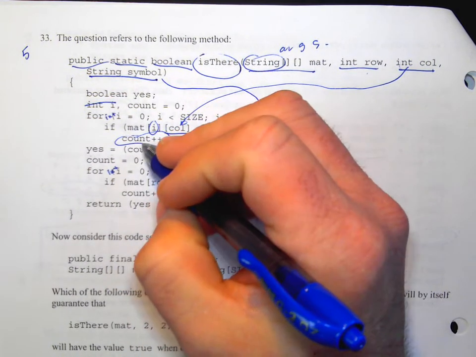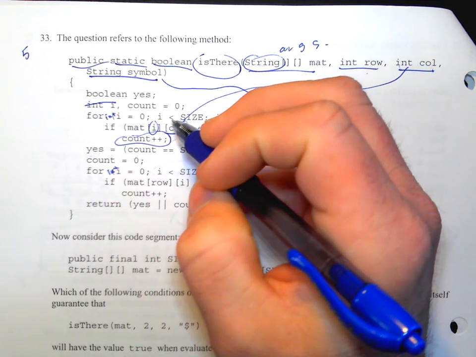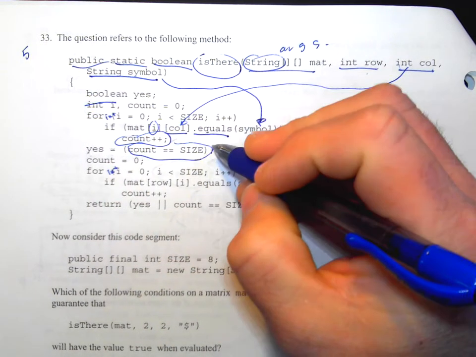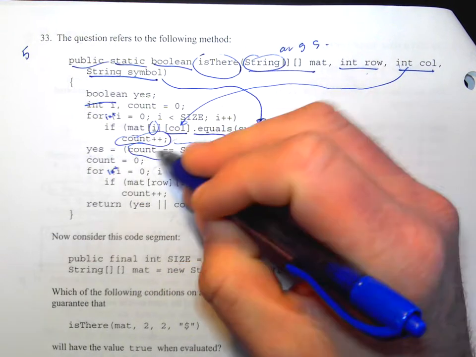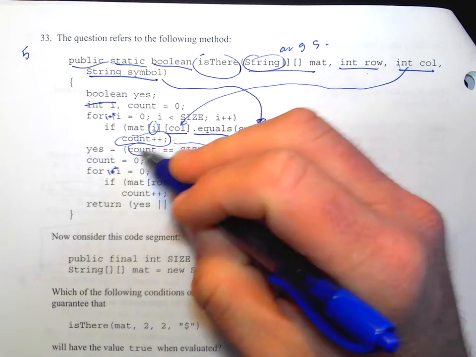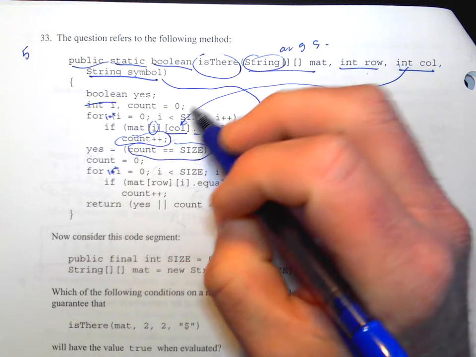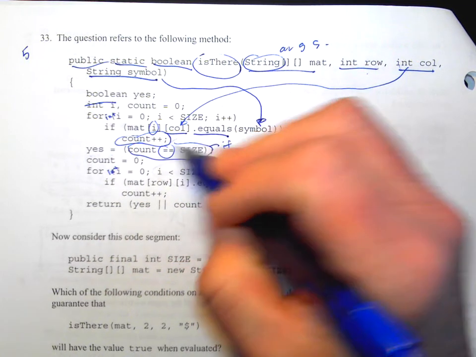It says yes equals count equal size. So this is an interesting thing. This is like an if statement. This is going to give you true or false because these are two Boolean things. Or not even Boolean. Double equals is comparing whether these are true or false.